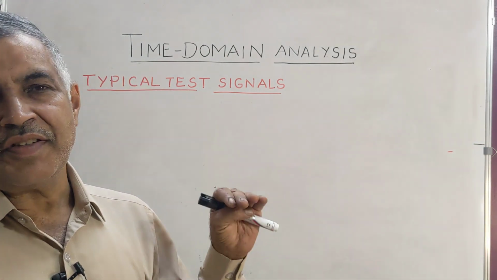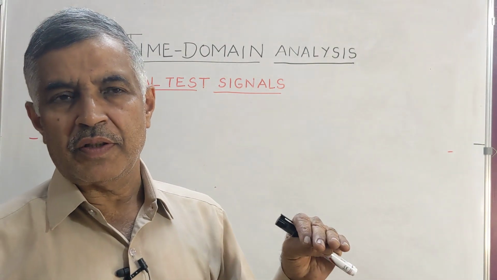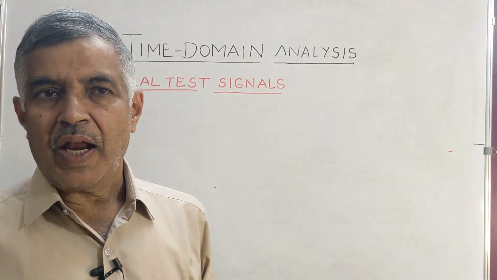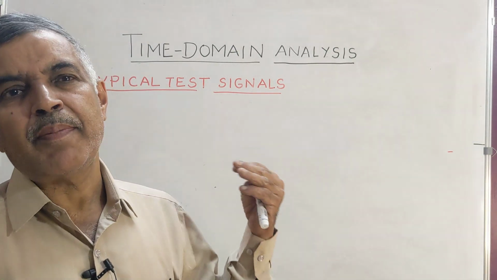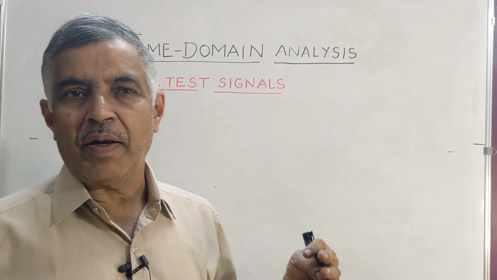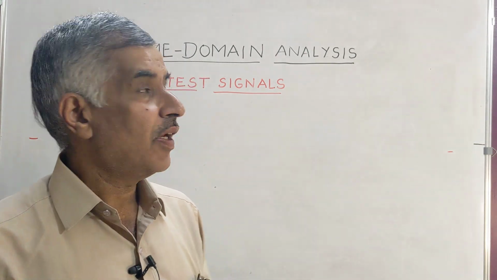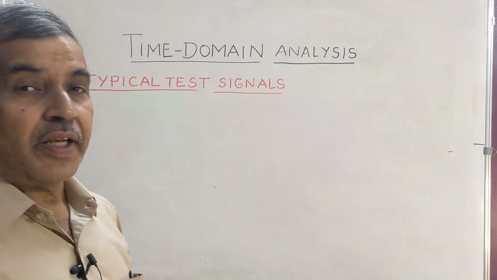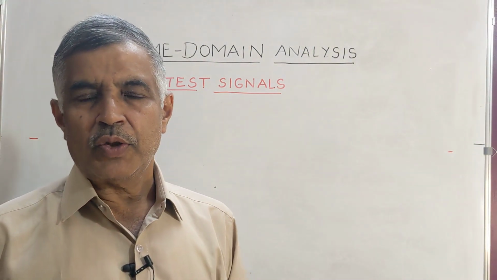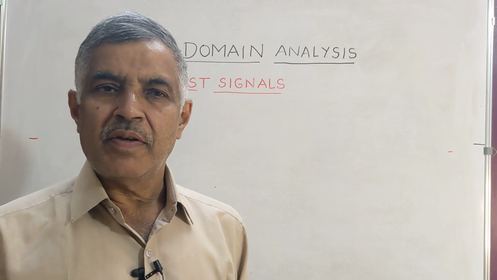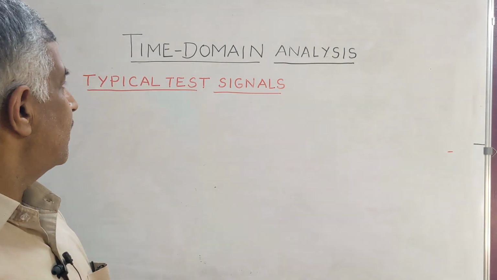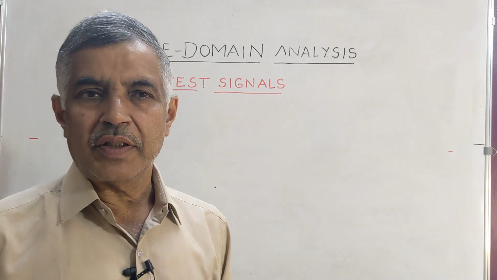By taking these inputs, we are going to assess the performance, and the performance may match the practical application, and that is why we have to go through what are known as typical test signals. So by using test signals, performance is assessed.